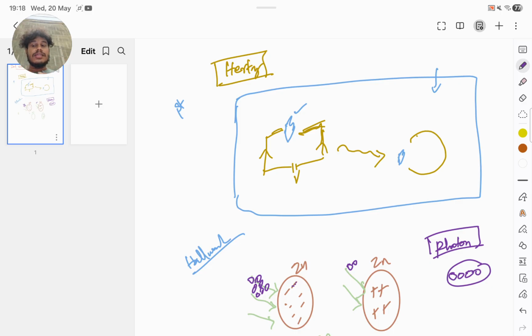From the earlier experiment, Hertz observed that in the presence of light, a spark is generated equal to what is generated at a higher voltage in the circuit. But when the light is switched off, he found that the spark size is reduced. If there is no light source, fewer electrons are emitted from the metal surface, so the size of the spark generated is reduced.